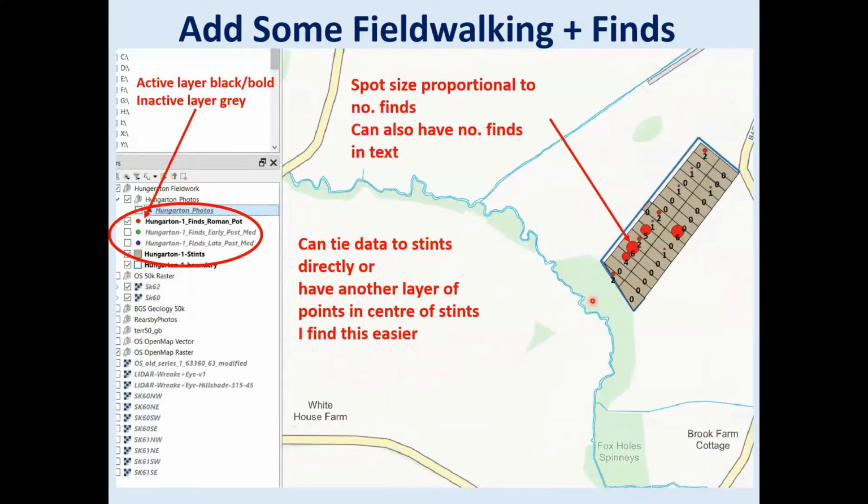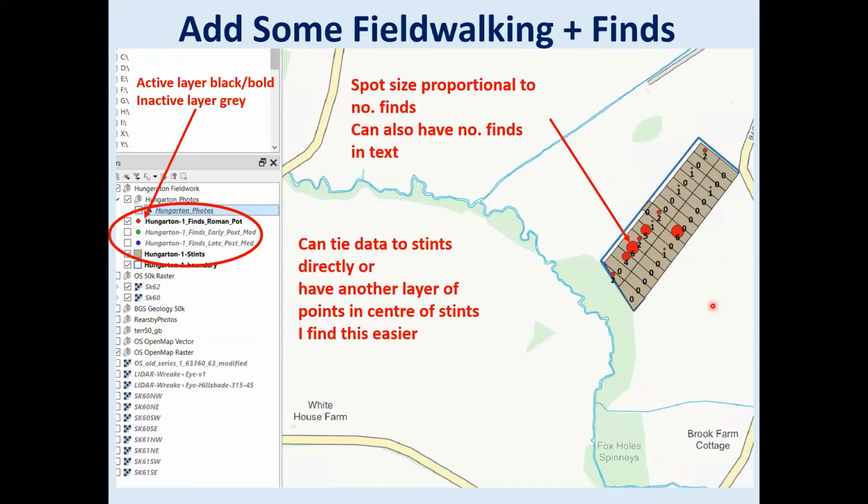Okay, if you look over here, I've now turned on a layer of the Roman pot finds. And what we see is I've got a series of spots now. The different spots have different sizes, proportional to the number of finds. You can also have it just tell you the number of finds in that.